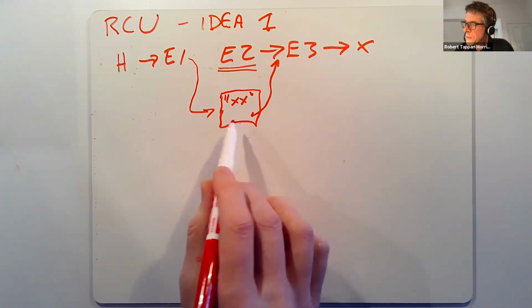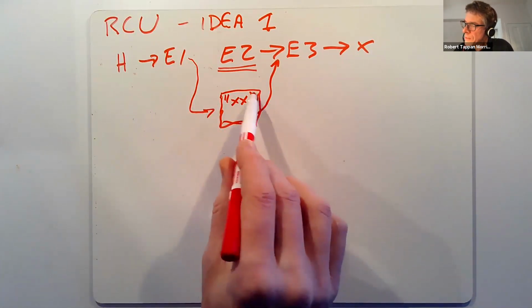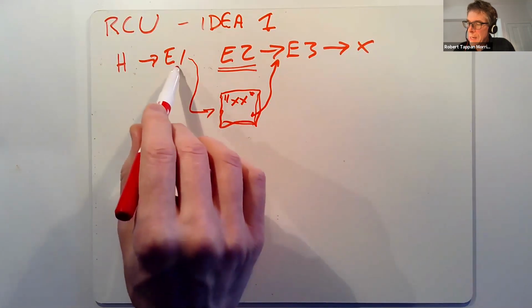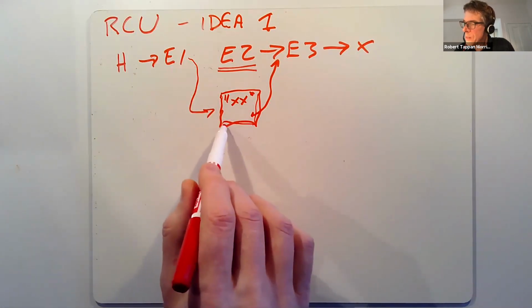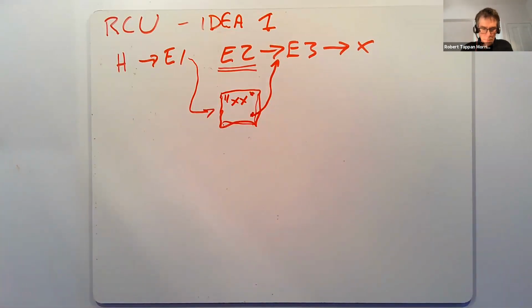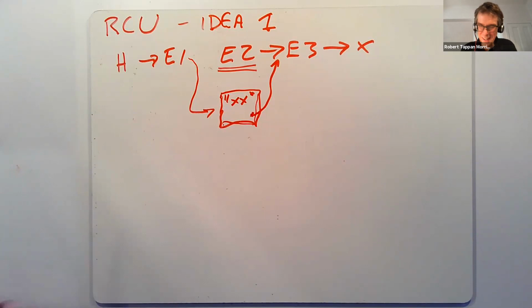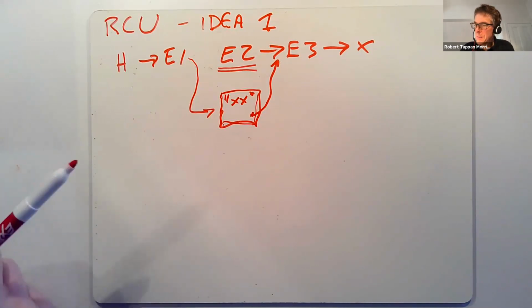And either way, since the writer fully initialized this list element before setting E1's next pointer, the reader's going to see a correct next pointer that points to E3. So the point is the reader will never see content that's in the process of being modified. Any questions about this particular idea?